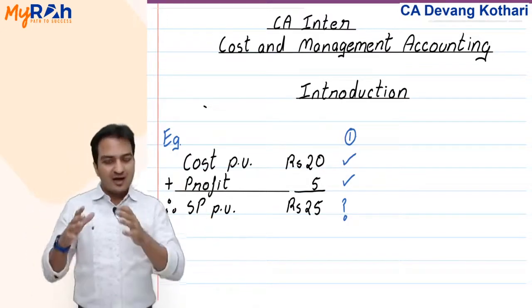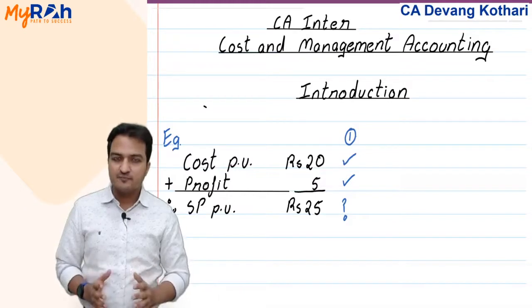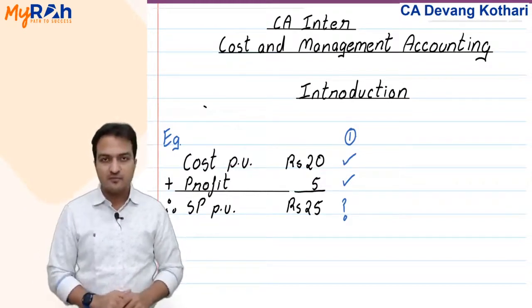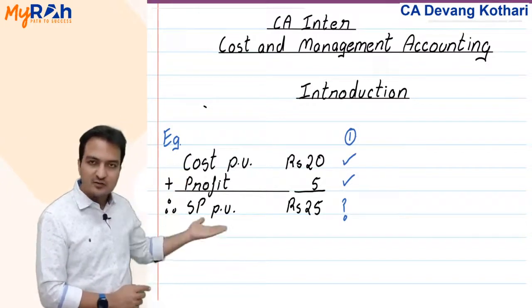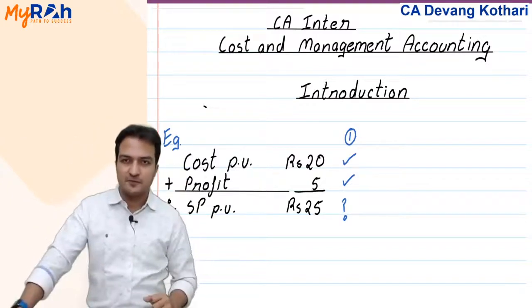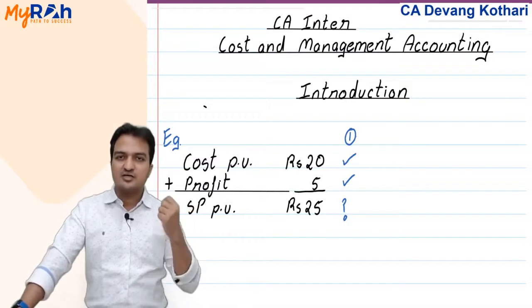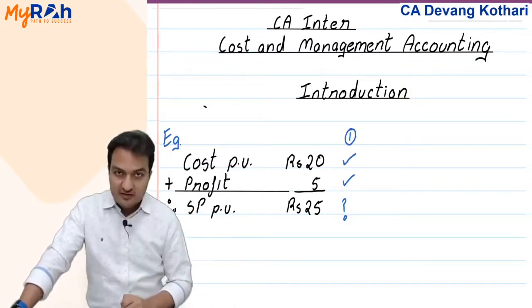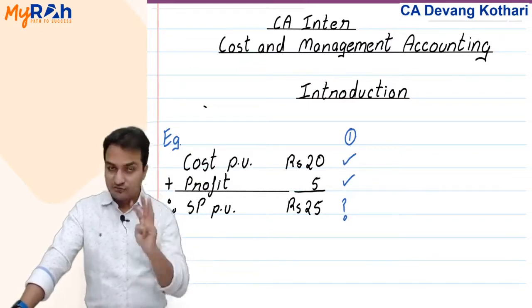Obviously not. I will get to know my cost per unit only after producing, by the end of the year. So how will I do this calculation at the beginning of the year? Think about it.